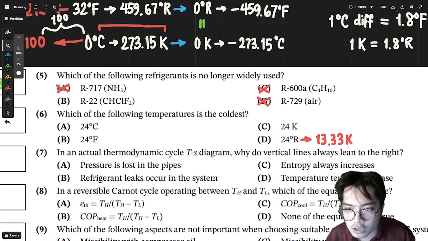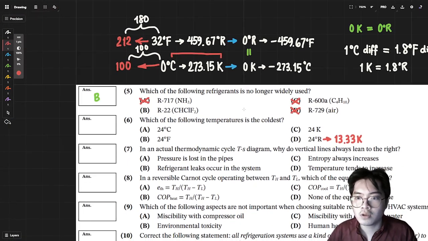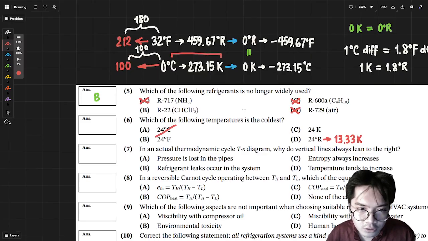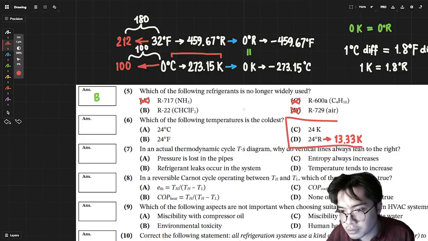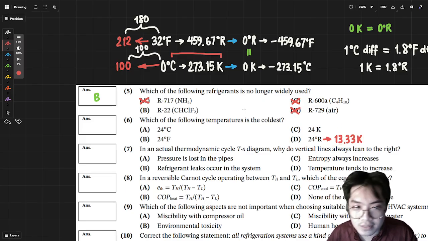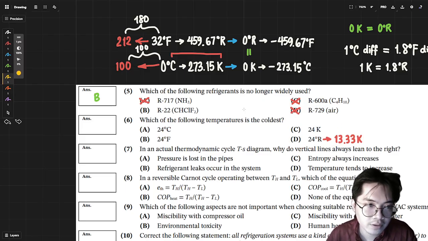That means that this is the lowest possible temperature that we can get, right? Because clearly, these two are way too hot. Ang totoong labanan lang is between letters C and D, which means letter D is our answer.